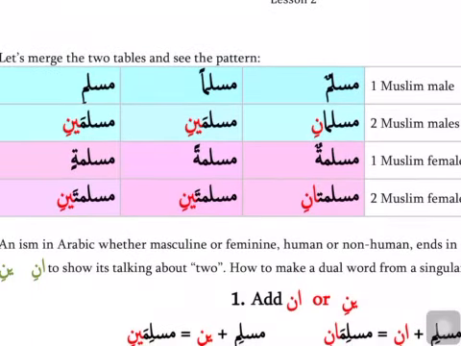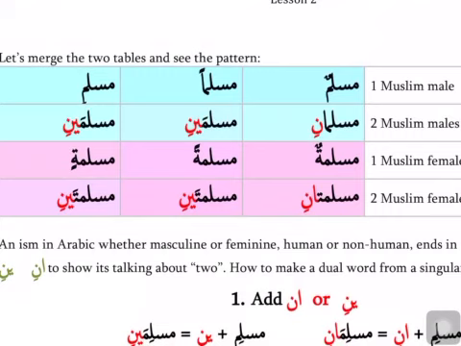If it is one male Muslim, the word could be written as Muslimun or Musliman or Muslimin. Dhamma or fatha or kasra, depending on the role, still each of them means one male Muslim. If you want to say two male Muslims, then you will see either Muslimani, Muslimaini, or Muslimaini.